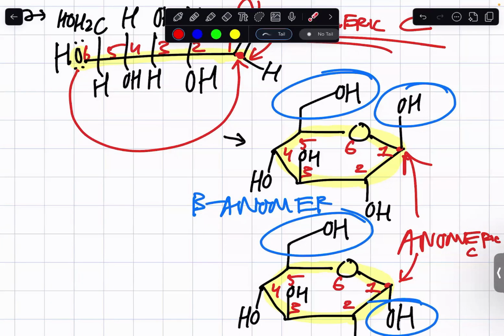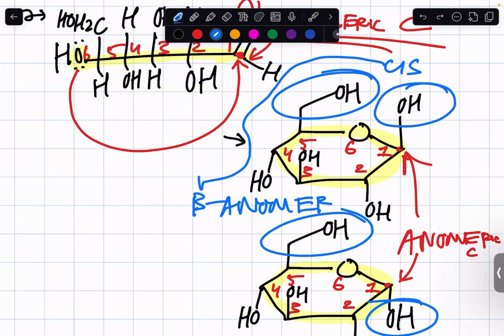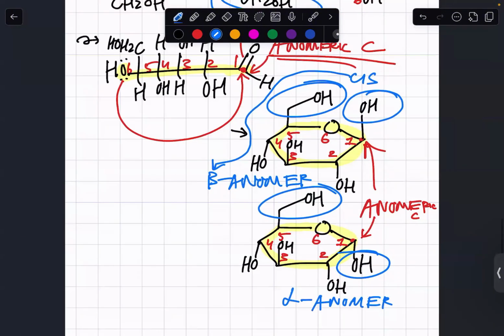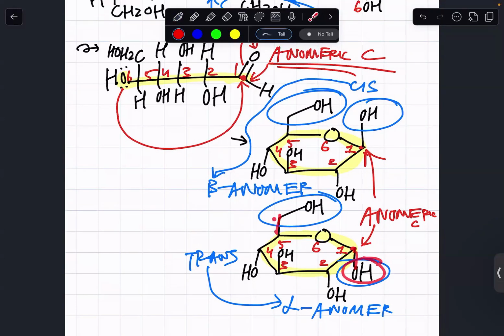Notice how these 2 are cis to each other, they're both going up. If they're cis to each other, then that gives a beta anomer. If they are trans to each other, then that's the alpha anomer. We see that this alcohol is going down, this CH2OH is going up. So because they're trans to each other, that's the alpha anomer. So that's how we classify the difference between an alpha anomer and a beta anomer.